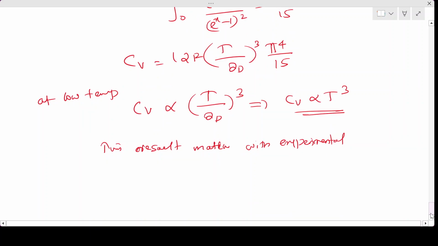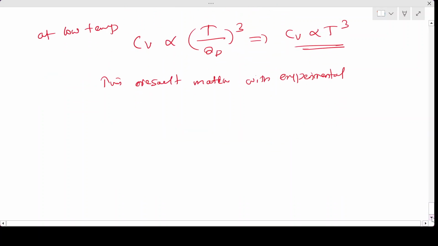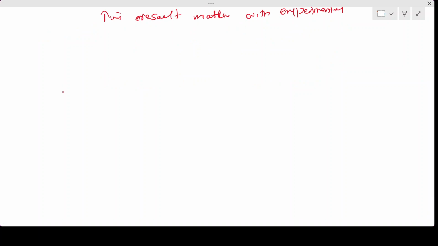It properly explains how the specific heat capacity depends on the temperature, at low temperature and at high temperature. So that is the main concept here.